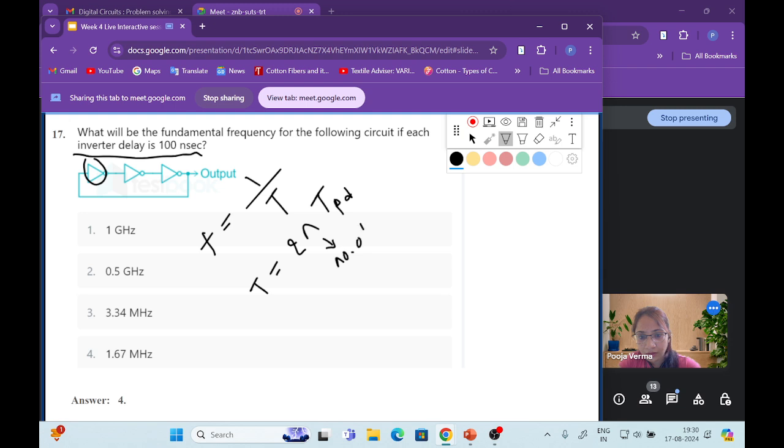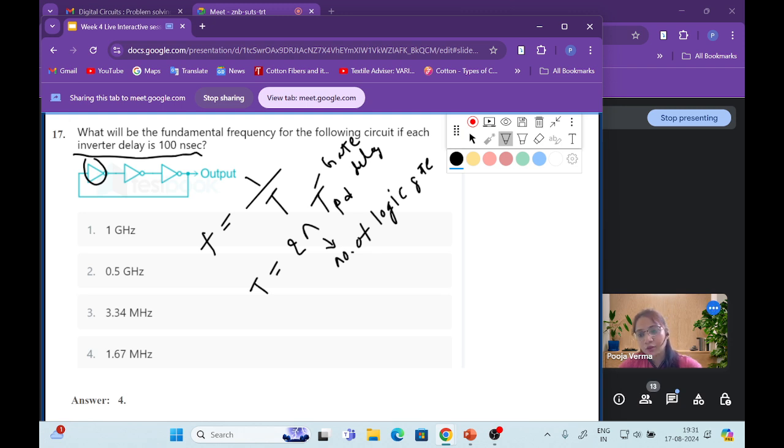N is the number of logic gates, and TPD is the gate delay or propagation delay. Okay. And 2 is multiplied because the logic gates are connected in a feedback form.